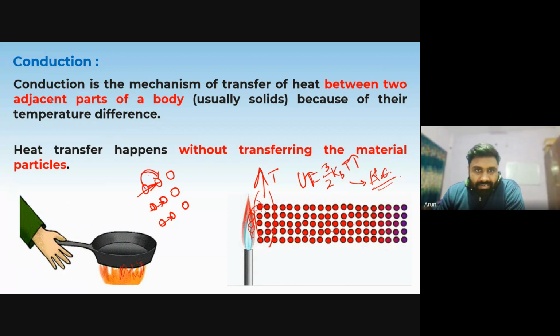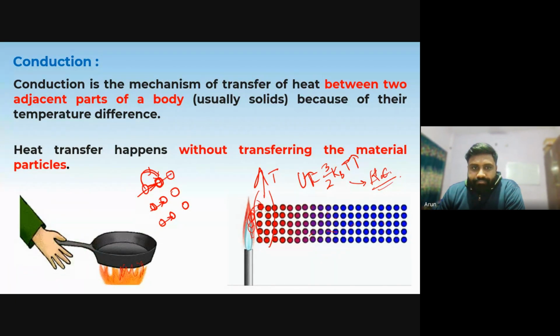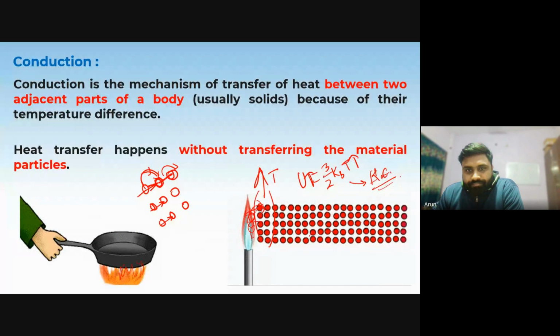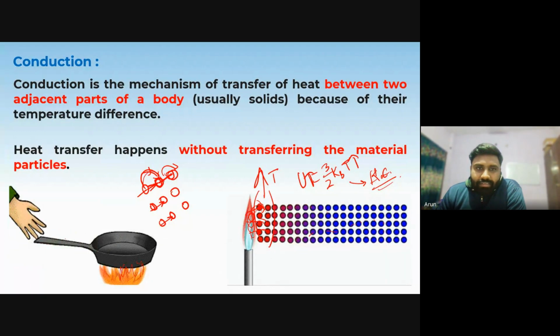This atom will transfer its energy to this one, then the collision of this with the next atom transfers energy onward. Since we are continuously supplying heat, they are continuously transferring the heat to the next atom.